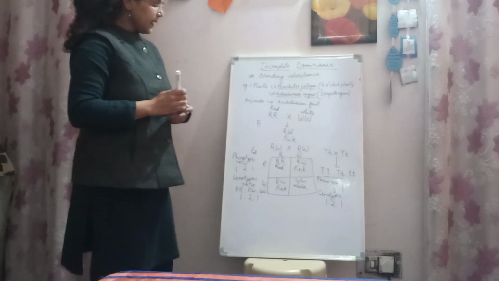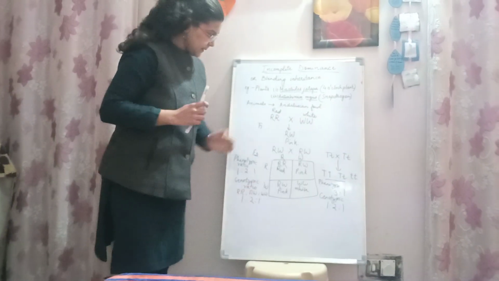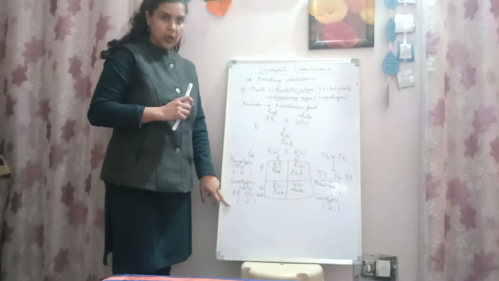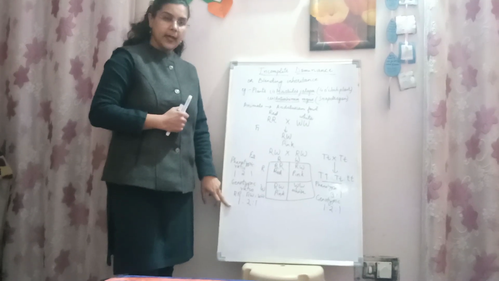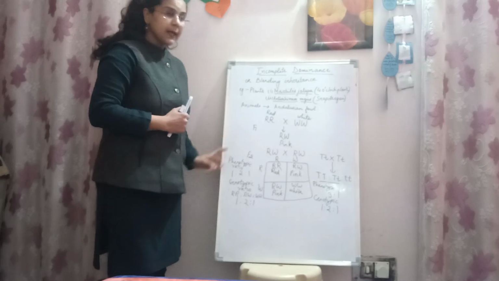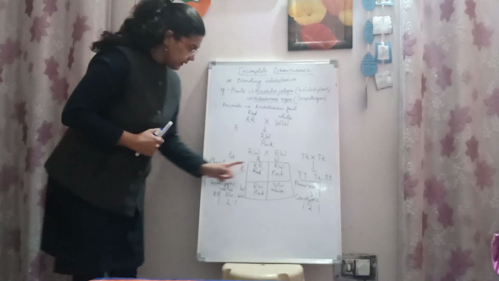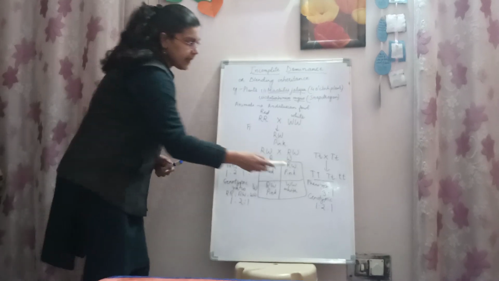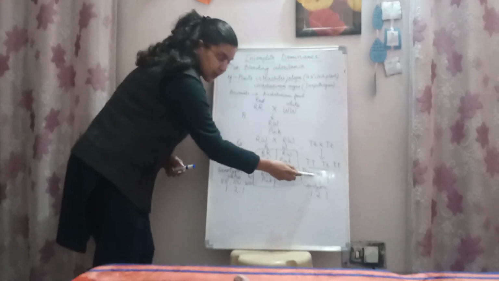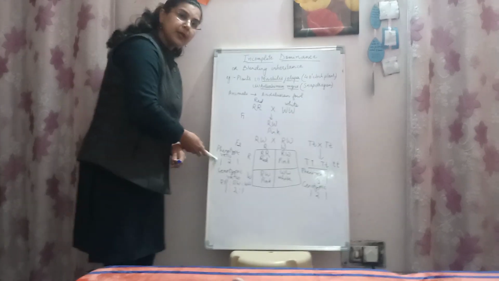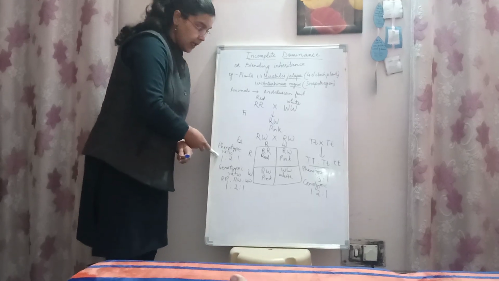So if we see Mendelism and if I see incomplete dominance here, what inference do I get? Number one, in incomplete dominance, the phenotypic ratio in the F2 generation is different. In Mendelism it is 3 is to 1. However, in incomplete dominance it is 1 is to 2 is to 1.